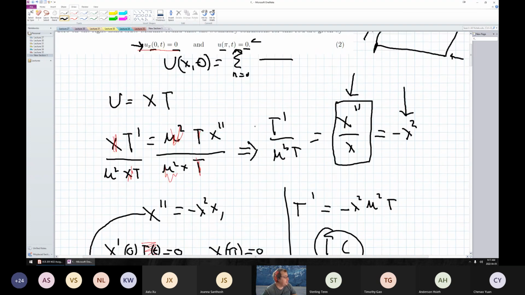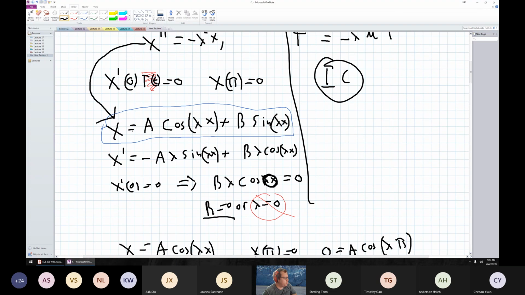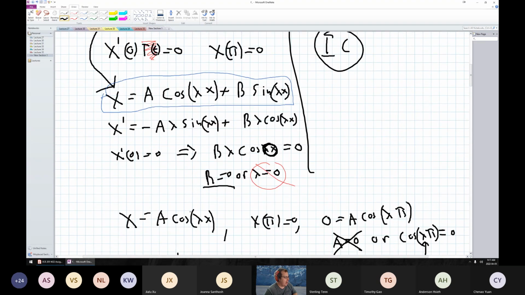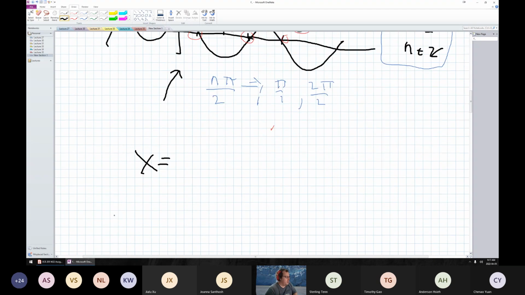Okay, so now what we've done is we have the x. Let's put this together to have a clean x. So X of x is going to be equal to what? Well, if I go up here, I know b is 0, so that term's gone. A is an arbitrary constant, so I don't care what the constant is at this point in the problem, so I can drop it. You can keep it if you want.